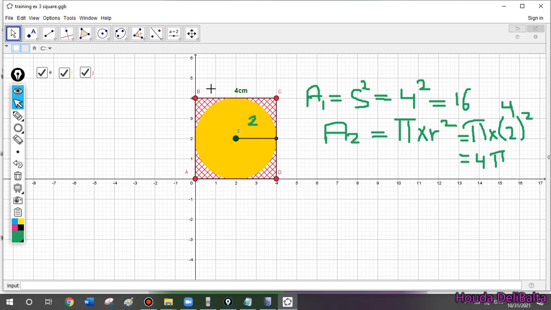The area of the shaded region is equal to the area of the big square minus the area of the circle inside.